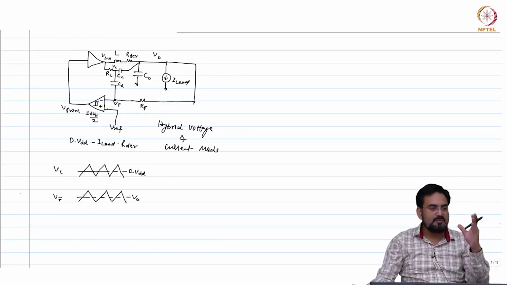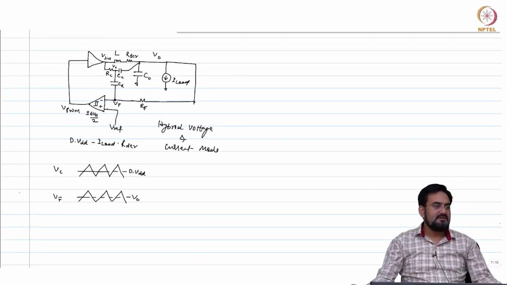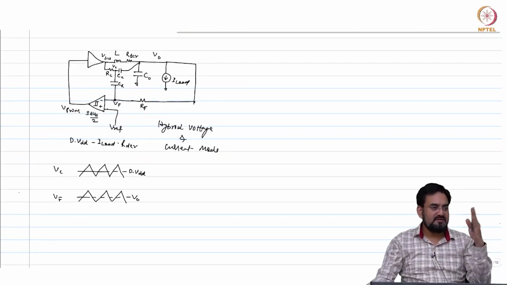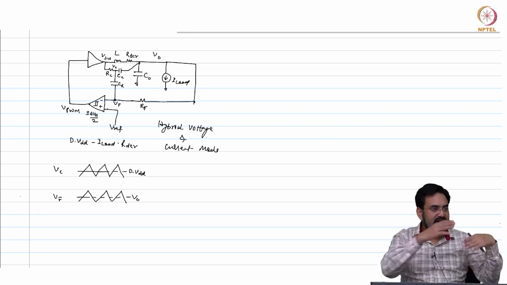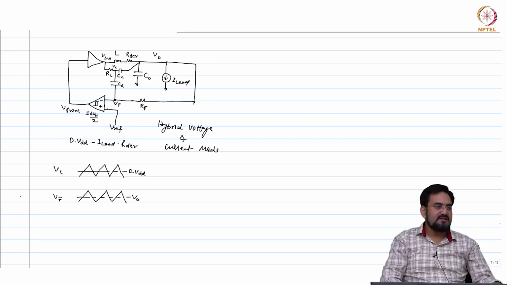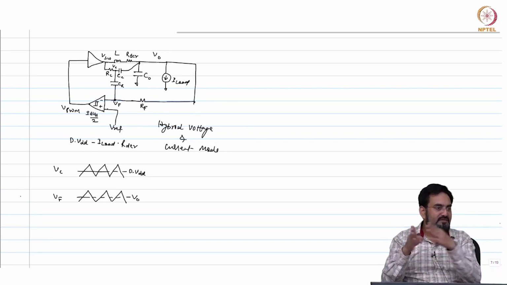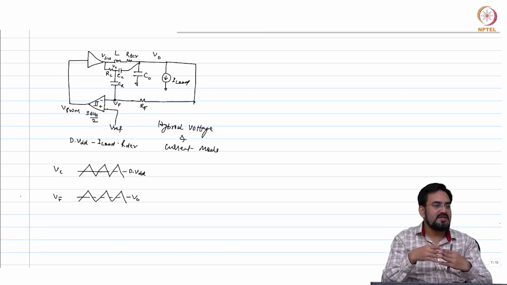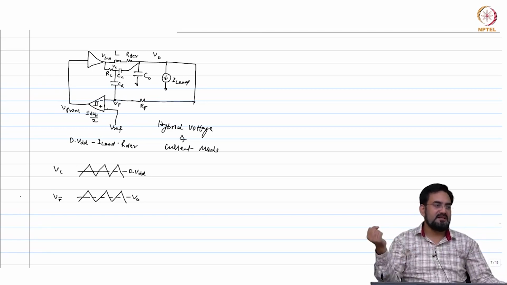It will change the slope of your ripple, similar to current mode. In current mode, when the slope changes, it will try to change the duty cycle. But only the frequency is changing, and we don't want to change the duty cycle. So if the on time changes, feedback will force the off time to change also, because we want to keep the same duty cycle.